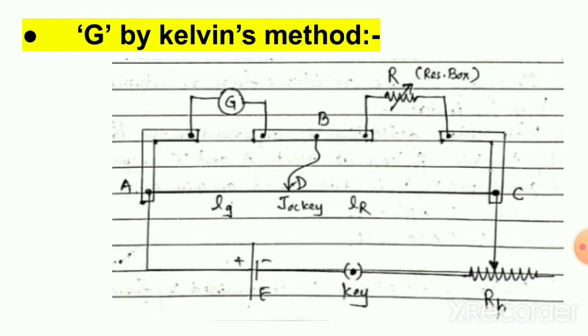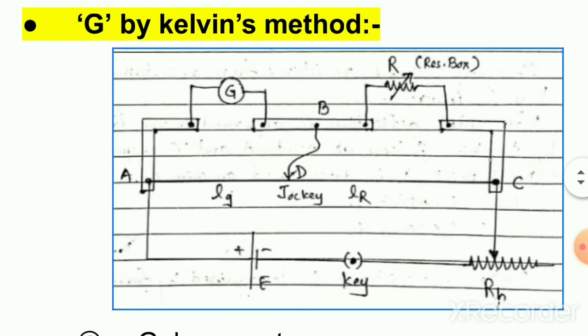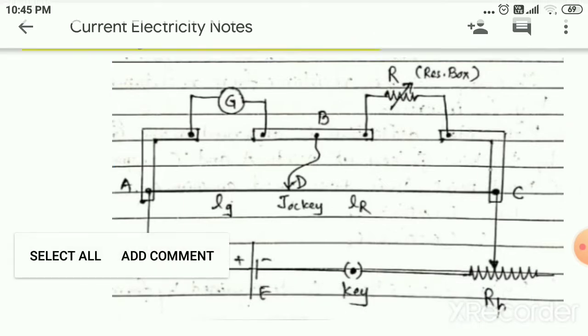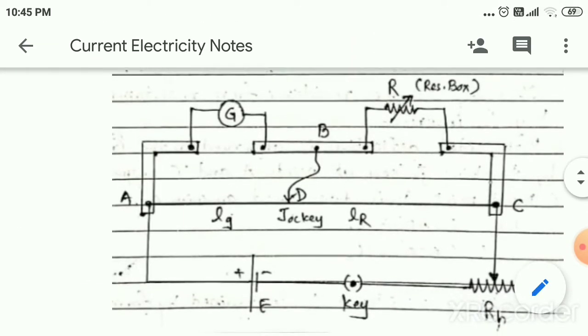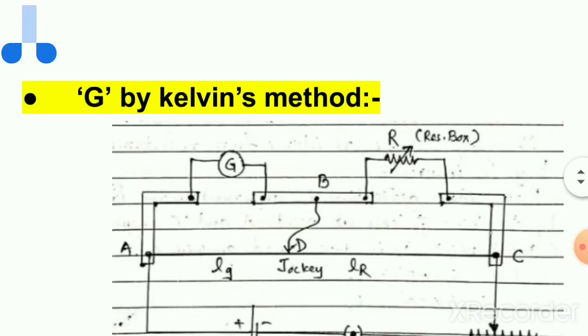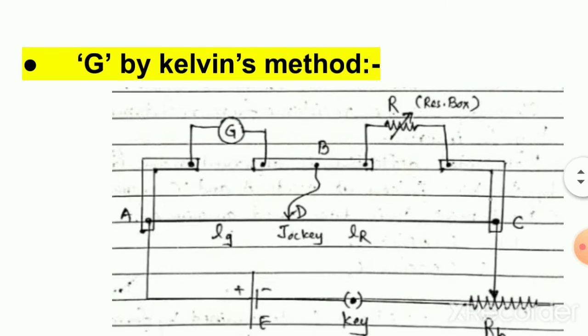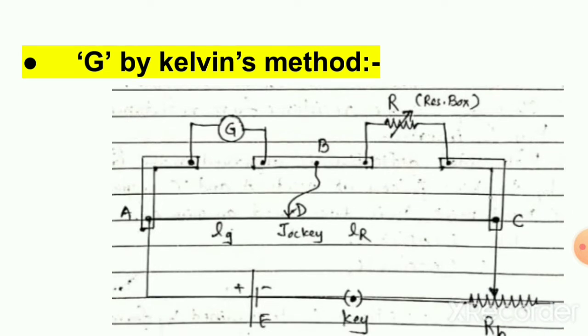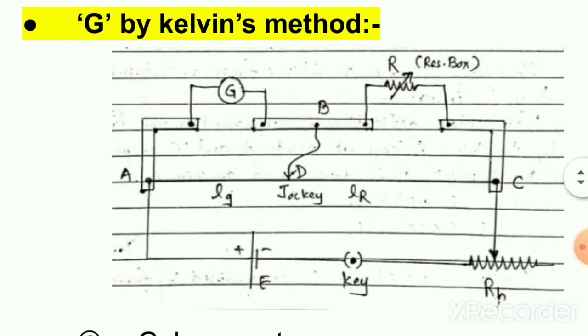In the meter bridge experiment studied earlier, we had a galvanometer connected between point B and D that was going to check whether the bridge is balanced. Whereas in this particular case, we are not going to use that galvanometer connected between point B and point D, because this particular method, G by Kelvin's method, is not a null deflection method, it's an equal deflection method.